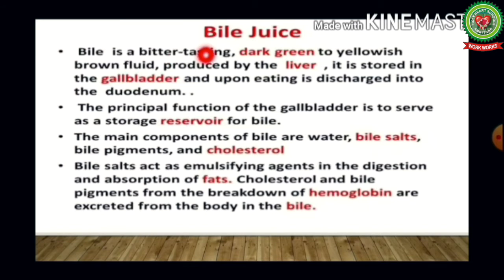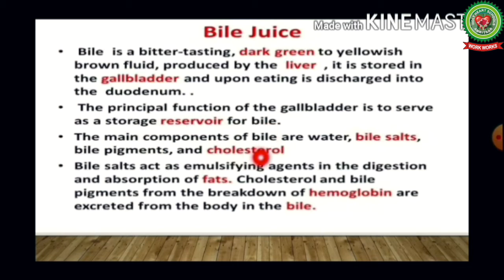Bile is a bitter tasting, dark green to yellowish brown fluid produced by the liver. It is stored in the gallbladder and upon eating is discharged into the duodenum. The principal function of the gallbladder is to serve as a storage reservoir for bile.